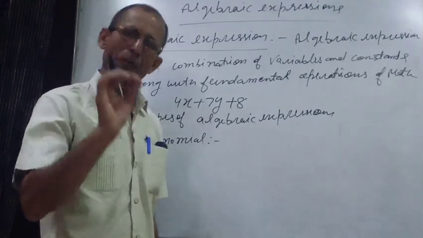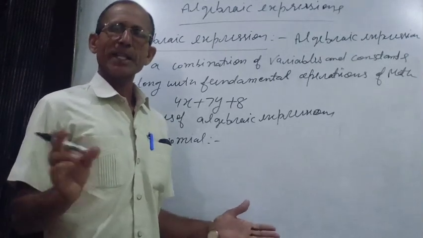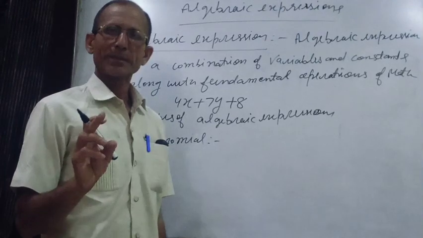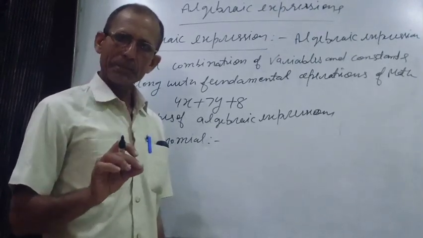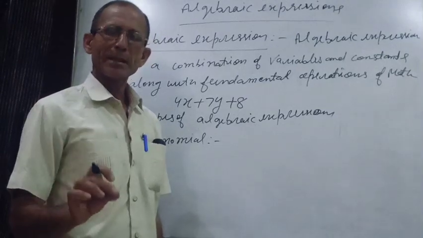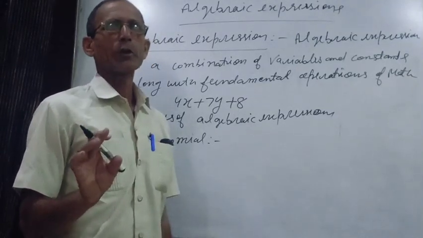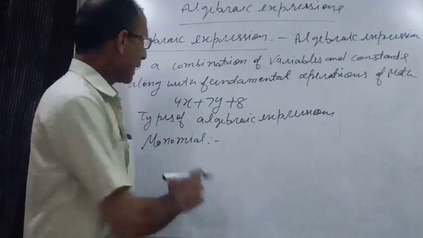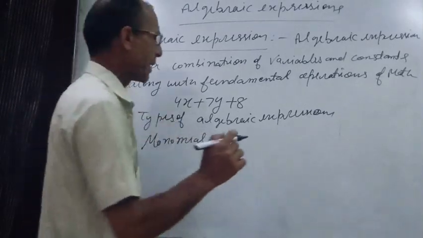Monomial means only one term. Plus and minus make terms. Division and multiplication will not make terms. Listen again. Addition and subtraction make terms, but division and multiplication will not make terms. Terms mean parts. How many terms are there? If an algebraic expression has only one term, it is called monomial.